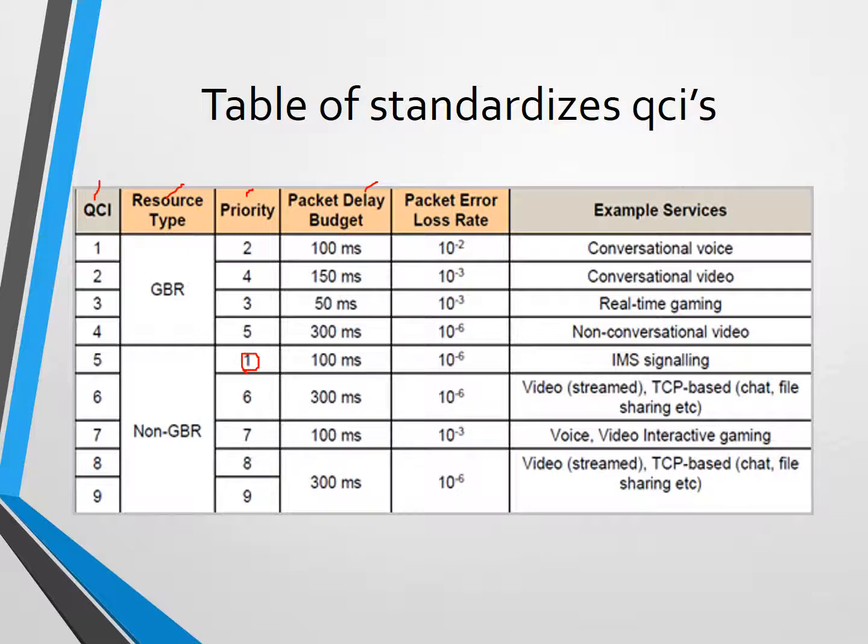QCI 5 is basically used for the IMS signaling, because we would not like to lose our IMS signaling bearer at any stage, because if we lose contact with the IMS, then it will be very hard to provide VoLTE services to the user. And these are other standard non-GBR from 6 to 9, which are basically used for voice and video streaming or for data streaming services.